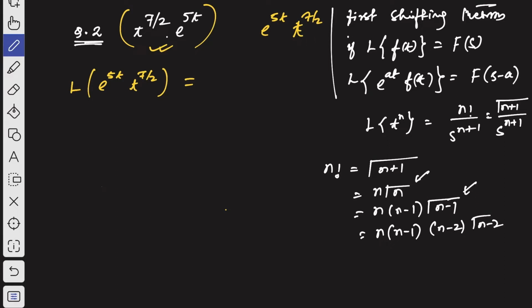Here, in order to apply the first shifting theorem, we need to find the Laplace transformation of this.